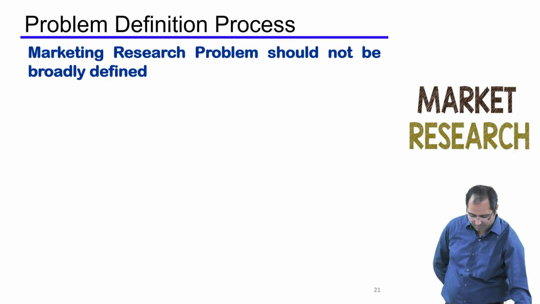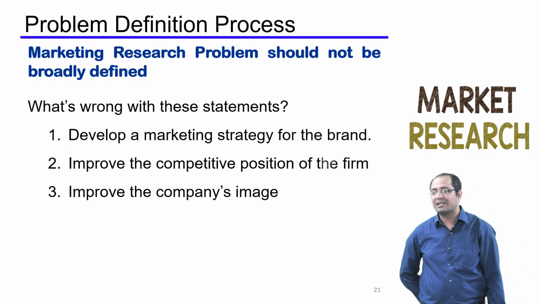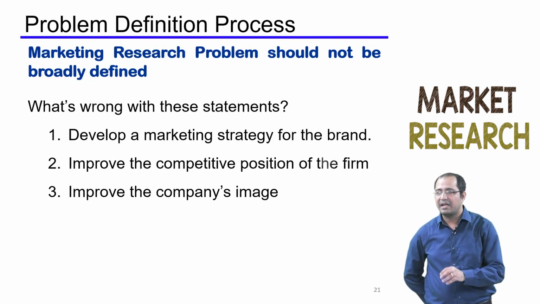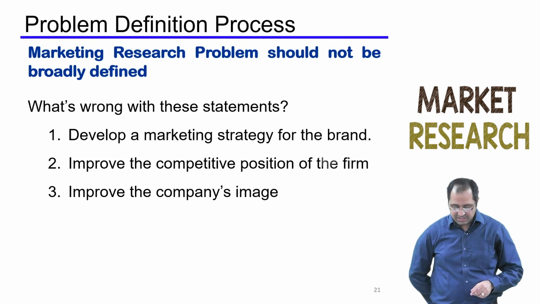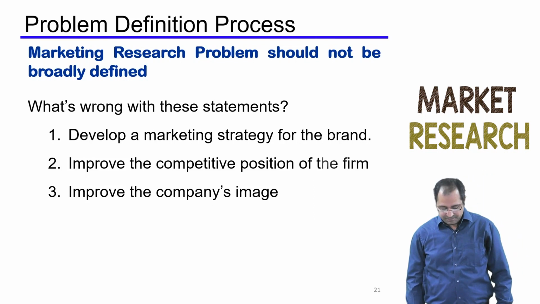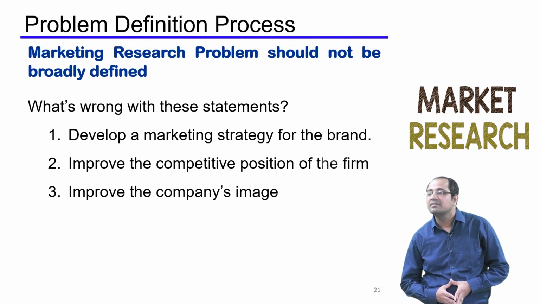I've already spoken much about it, why it has to be clearly defined. A little bit more on that: we should not have statements like these as the marketing research problem. These are very broad statements. Develop a marketing strategy for the brand, because in marketing strategy, everything comes.